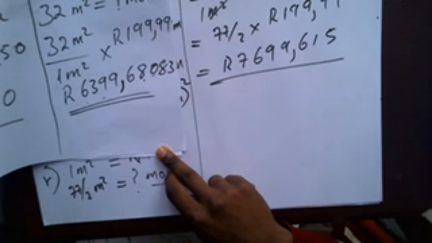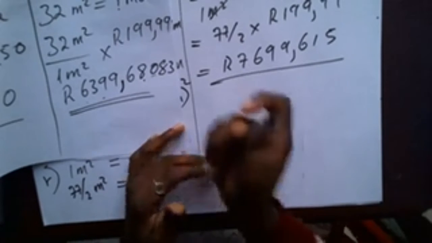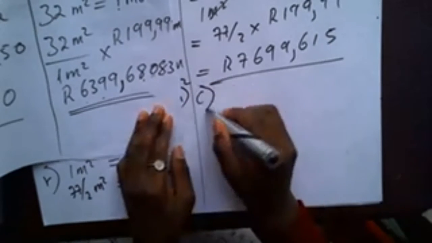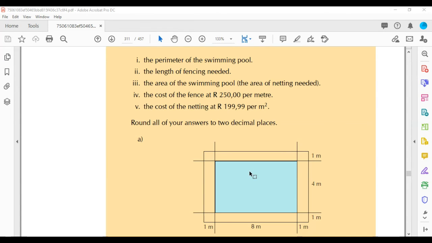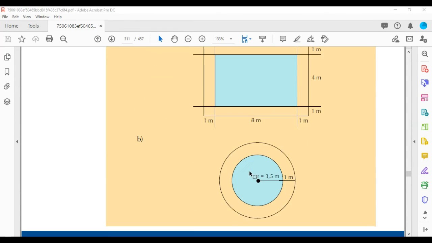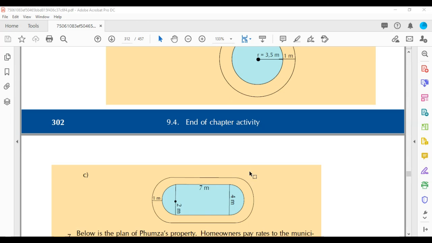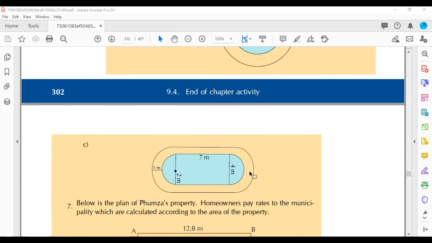Okay, let's look at this last question. This is the last question for the day. Let's look at part C. On part C, I'm going to calculate the perimeter, that is the first part, and I'm going to calculate the area.